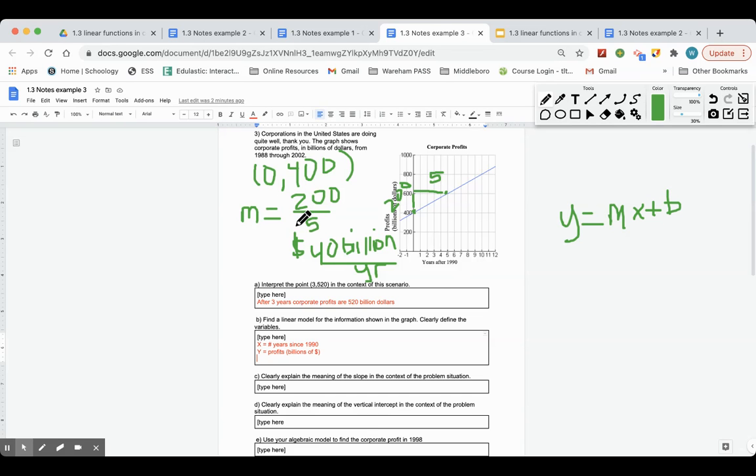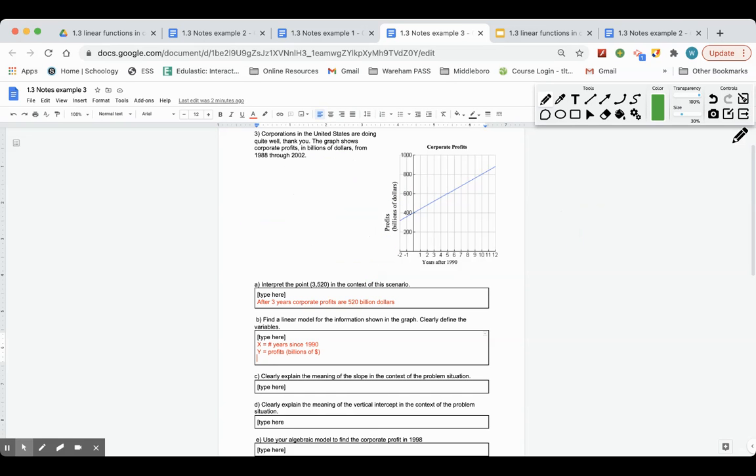We have our m of 40 and we have our b of 400. So y equals 40x plus 400. And we really want to use lowercase letters in algebra. We use uppercase letters usually in geometry.